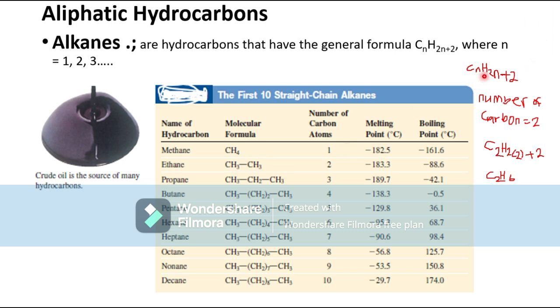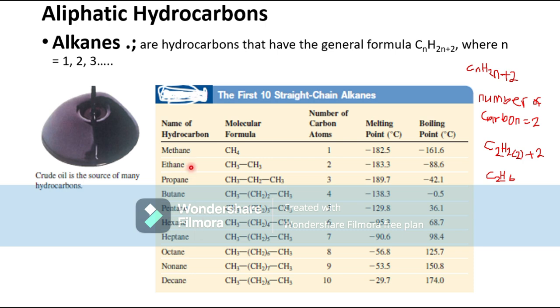Substituting the 2 carbon into the general formula, we have C2H2(2)+2, which is going to give us C2H6. And this general formula applies to all the members present in alkane, the aliphatic hydrocarbon.